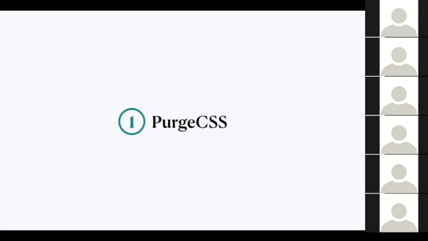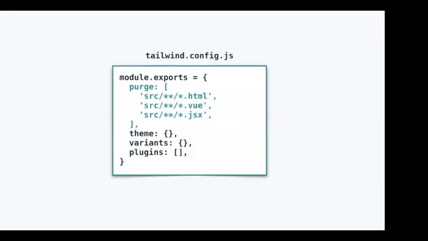So for example, that means that you only have Tailwind classes that you're actually using. Prior to 1.4, Tailwind required you to configure PurgeCSS manually, but from version 1.4, it's built in. So it's really convenient to configure now.